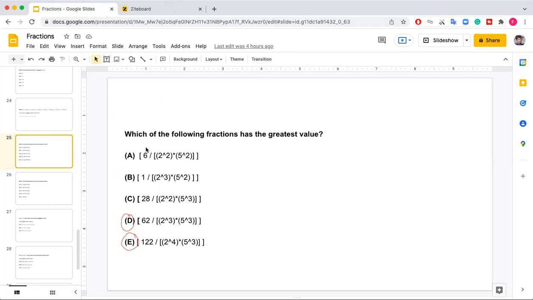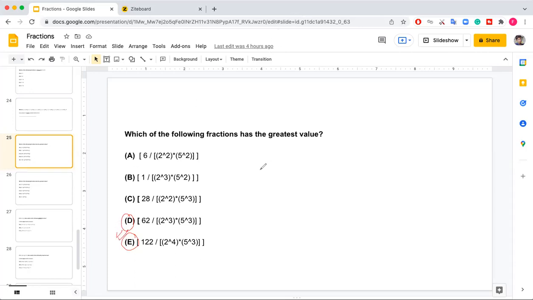Okay, so anyone who is still solving this question? E. So we have another E. Okay, so we have two votes for E.